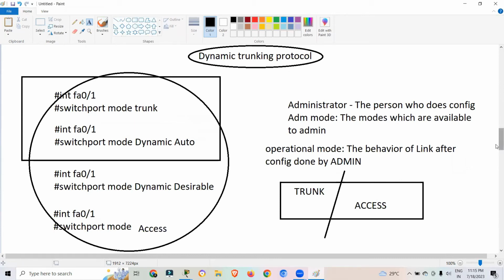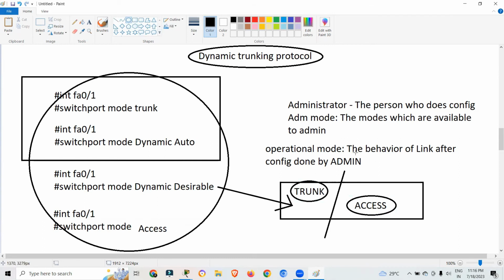There are 4 administrative modes, and by the combination of these 4 administrative modes, the switch will automatically make one of 2 possible operational modes: one is trunk and the other is access. Either it will forward the VLAN information or it will not.